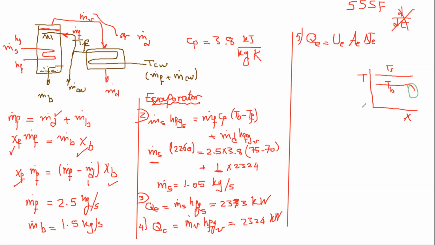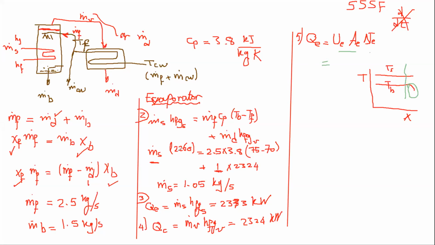If you want to be very accurate, then you are going to divide this into 2 pieces, calculate the area associated with this from this equation, and then calculate the area associated with sensible heating. For this one, you have to do what we'll be doing in the condenser: calculate the overall heat, the log mean temperature difference, and then the required area. But it's too small to be considered, so as a good approximation, you can just neglect it.